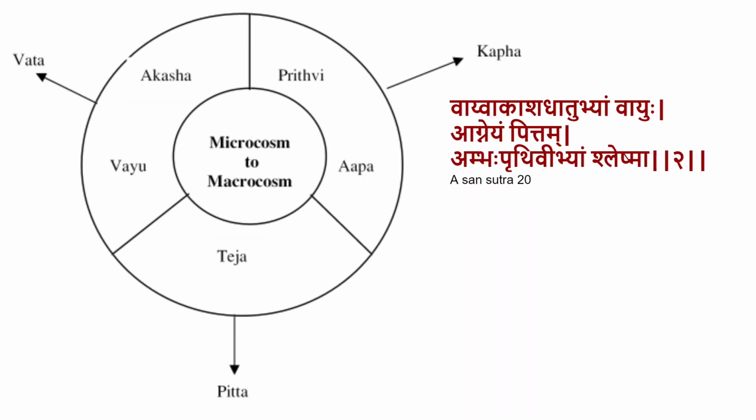Now there is a regulating force for all this. This is the basic idea. The mechanism by which the consumed food is digested and converted into the body components is the Teja or the Pitta dosha, which is predominantly Teja Mahabhuta content.